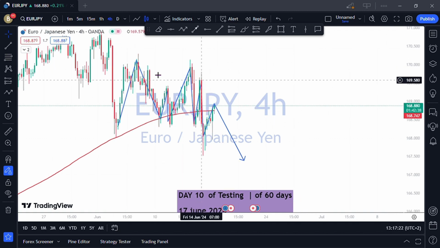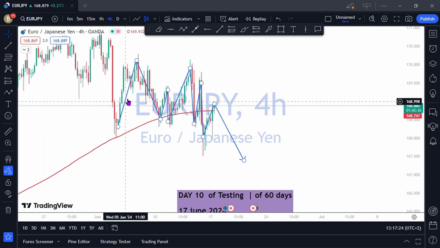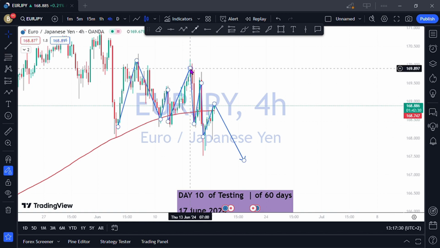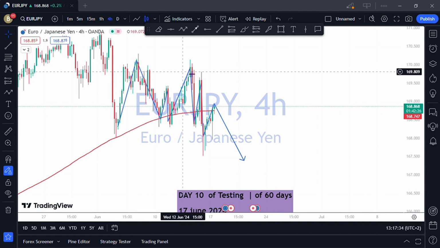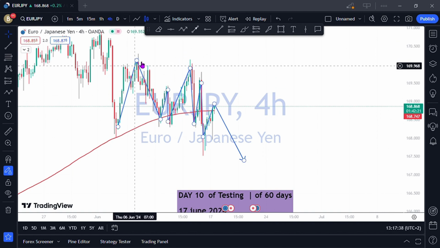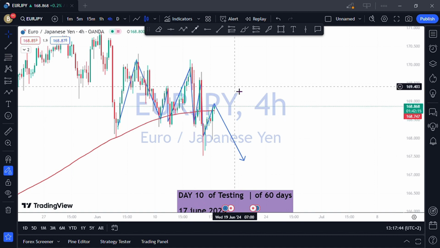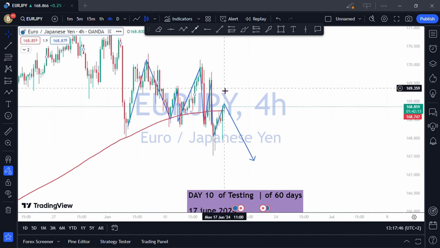Price created a higher high, higher low, and then started to create a lower high, lower low, and then another higher high, which was supposed to close above this higher high, but price failed, and then tried to do it again, and price failed. So right now we're in a downtrend.